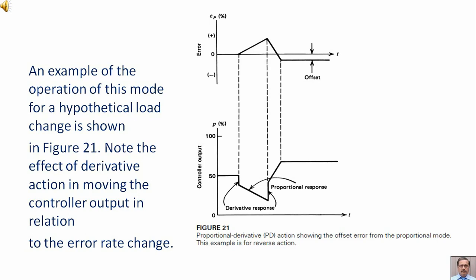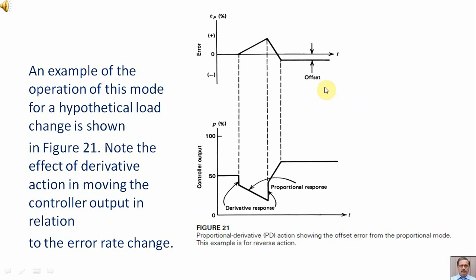An example of the operation of this mode for a hypothetical load change is shown in figure 21. Note the effect of derivative action in moving the controller output in relation to the error rate change.